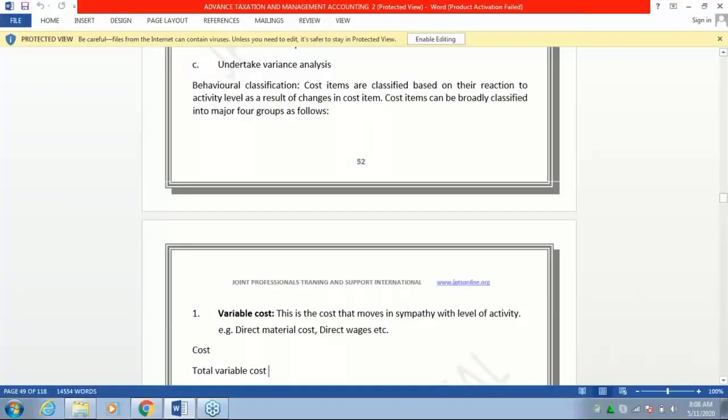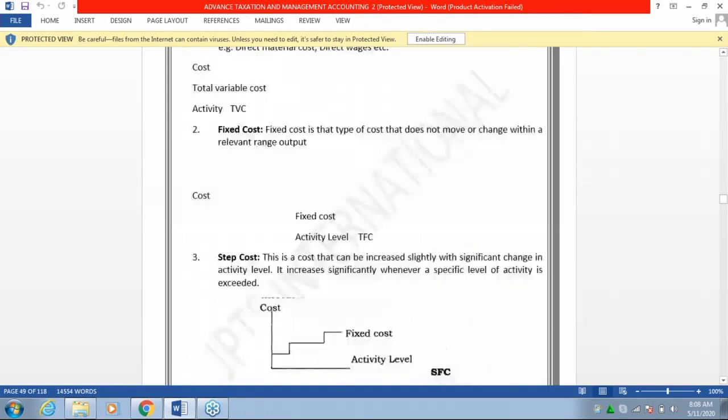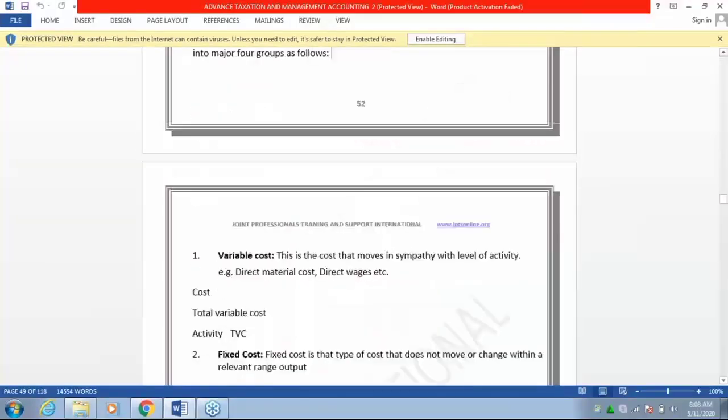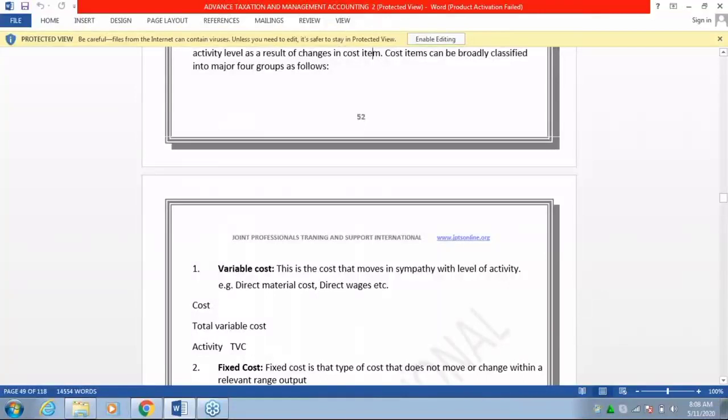Then there are behavioral classifications. Cost items are classified based on their reactions to the activity level as a result of changes in the cost item. The cost items can be broadly classified into major groups. We have the variable cost and the fixed cost. The variable cost is the cost that moves in sympathy with the level of activities.